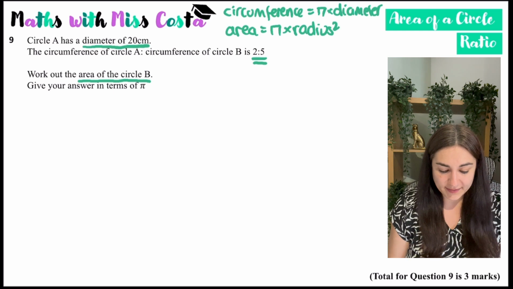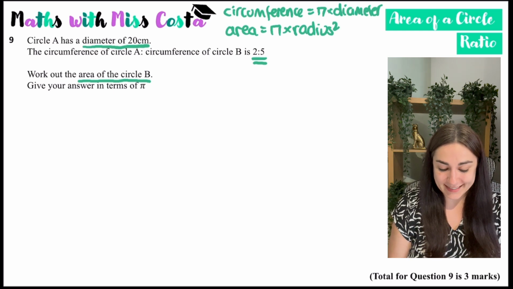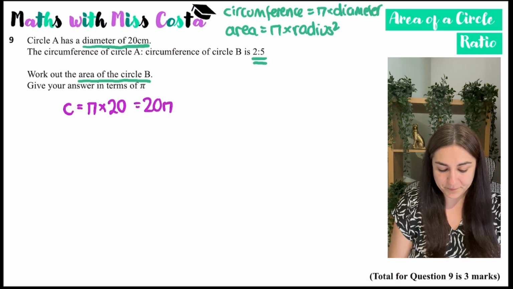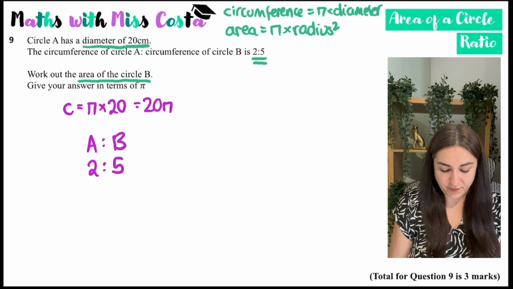So I know that the circle A has a diameter of 20 centimetres. How do I find the circumference? Well, the circumference is going to be pi times by the diameter. So the circumference of circle A is 20 pi. I know that the circumference of circle A to circle B, so A to B, is 2 to 5.